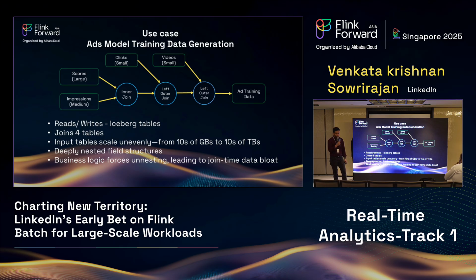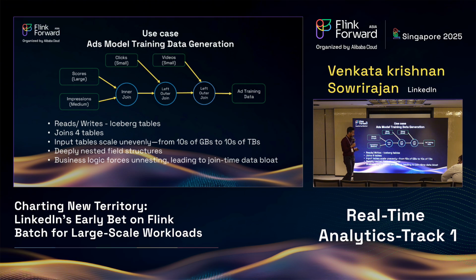So the input tables scale unevenly. Some of the tables were smaller, in the order of GBs, while the other tables were massive. And these tables had deeply nested file structure. Partly this is because of our schema and the schema of the Kafka topic itself.